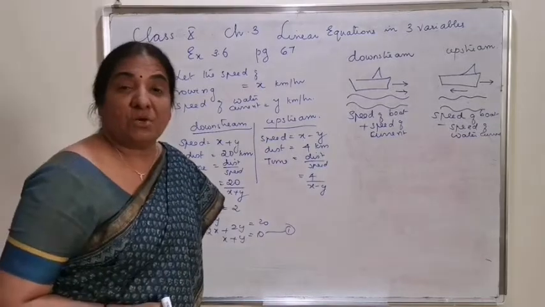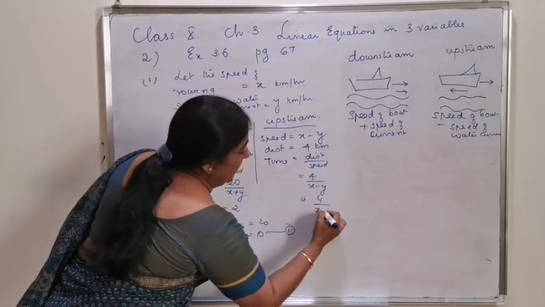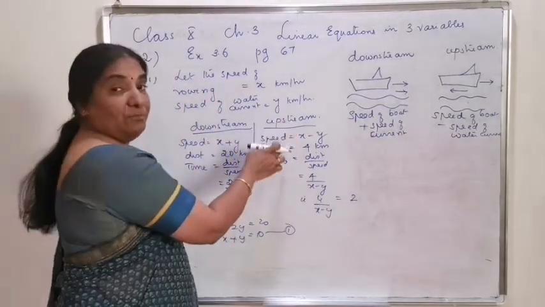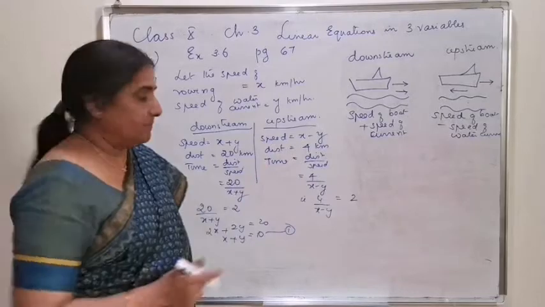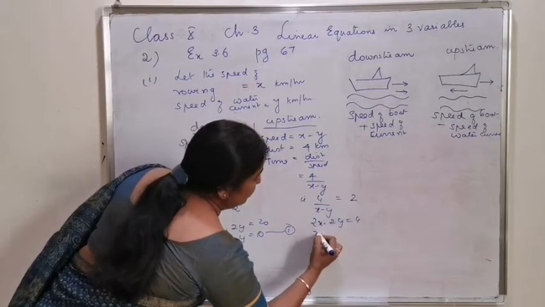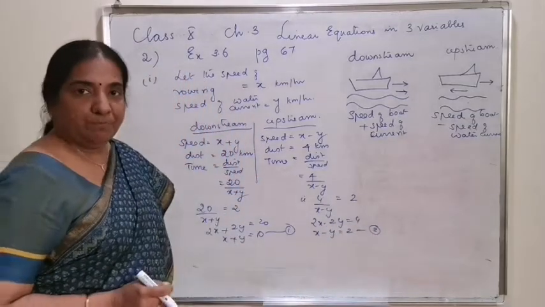This time is also given as 2 hours. That is 4 by x minus y is equal to 2. As I mentioned, the movement upstream is very difficult. What is the equation? 2x minus 2y is equal to 4, or x minus y is equal to 2.